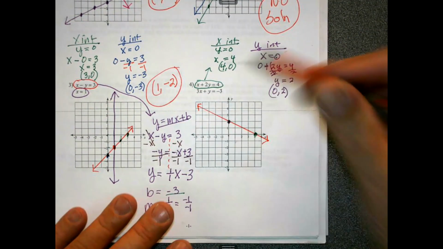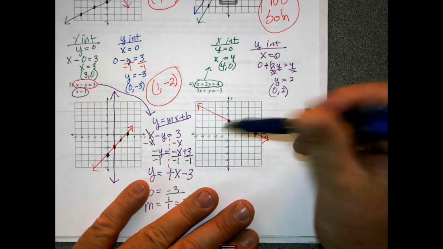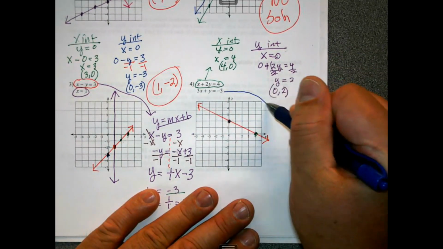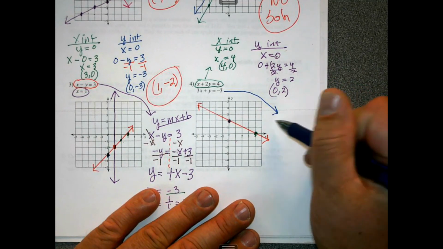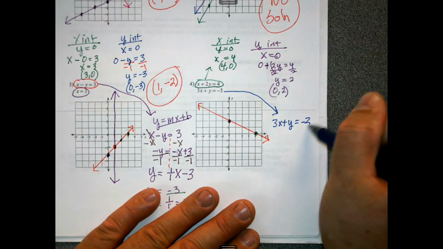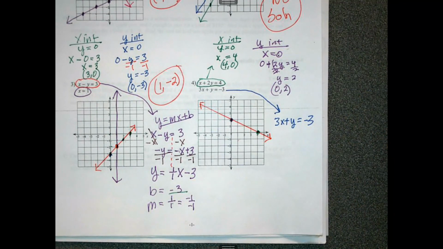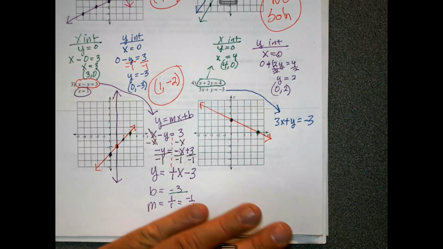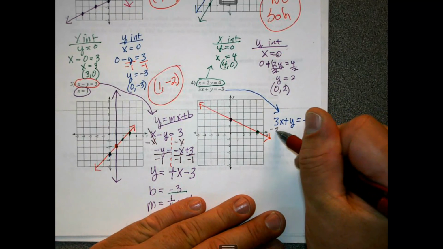And then this one, I'm going to put in y equals mx plus b form. So I'm going to solve for y. I have 3x plus y equals negative 3. I'm going to subtract 3x from both sides.